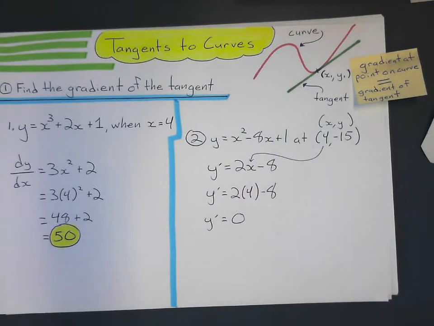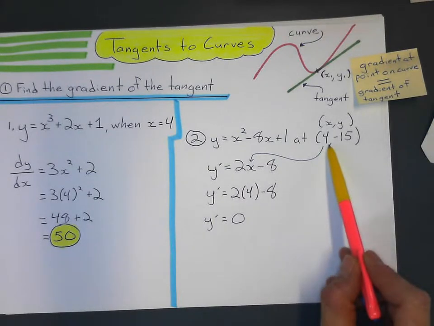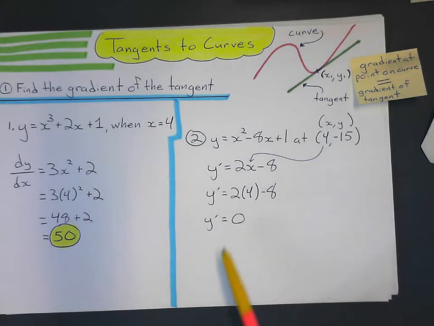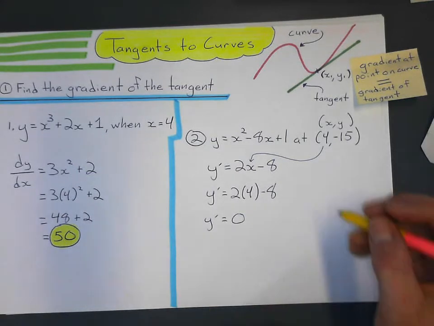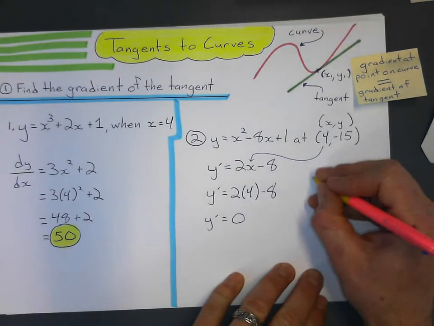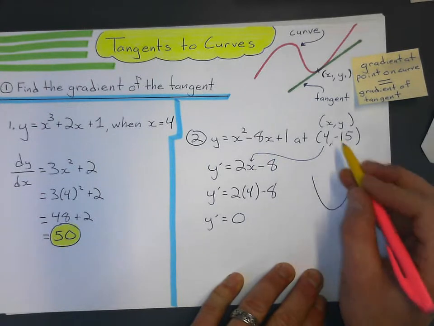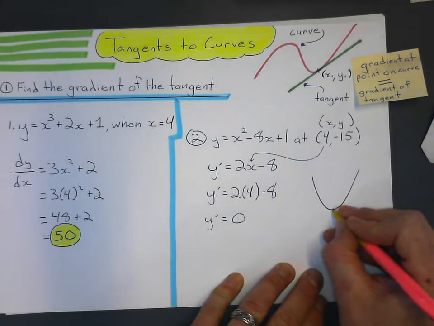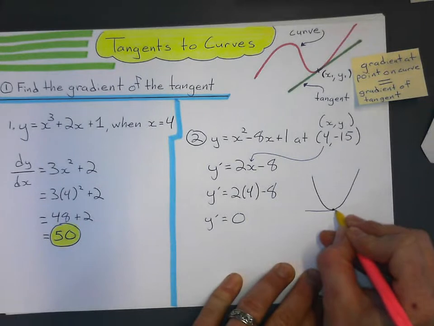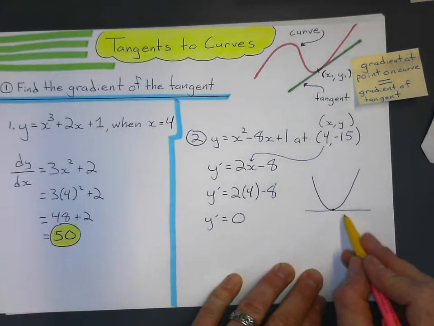And for this equation, it looks like the gradient at this point would be 0, which means that would be the turning point, or a stationary point. So this would be a smiley face parabola. I don't know what exactly the shape is, but 4, negative 15 would be right here. And the gradient of that tangent line would be 0.